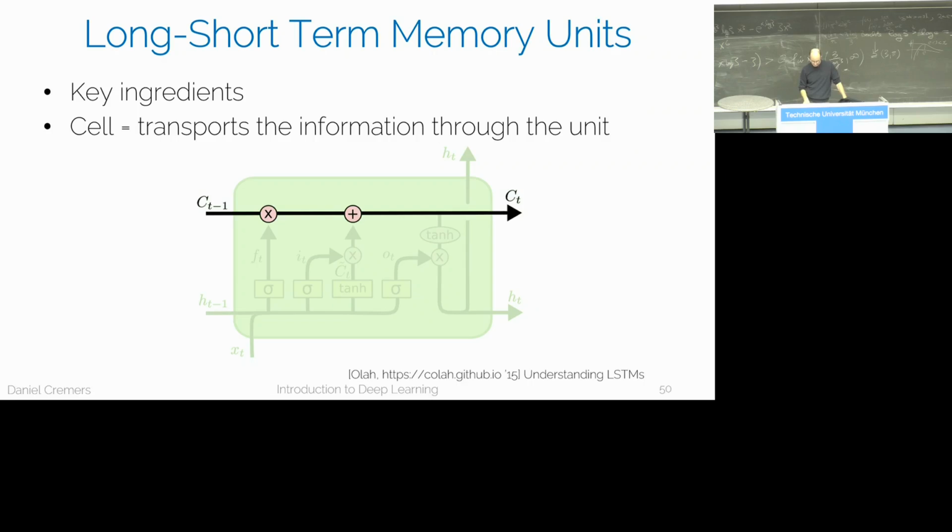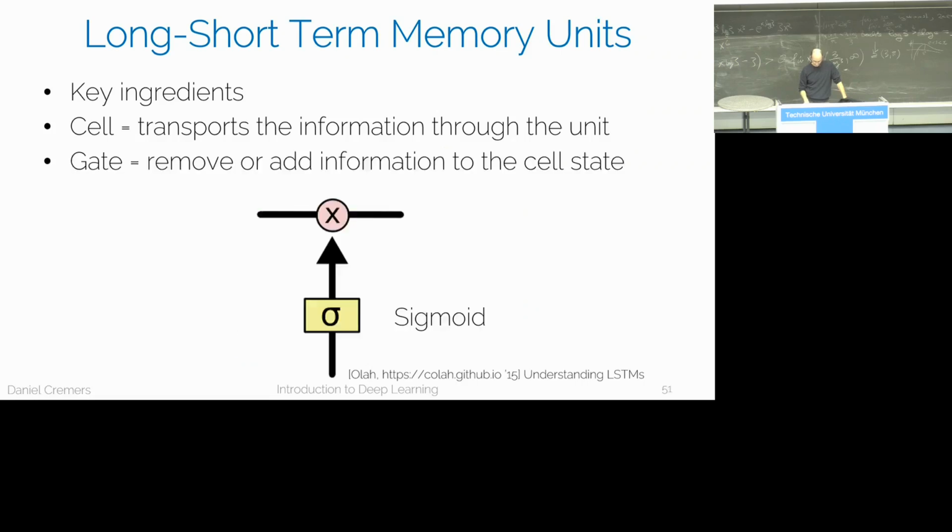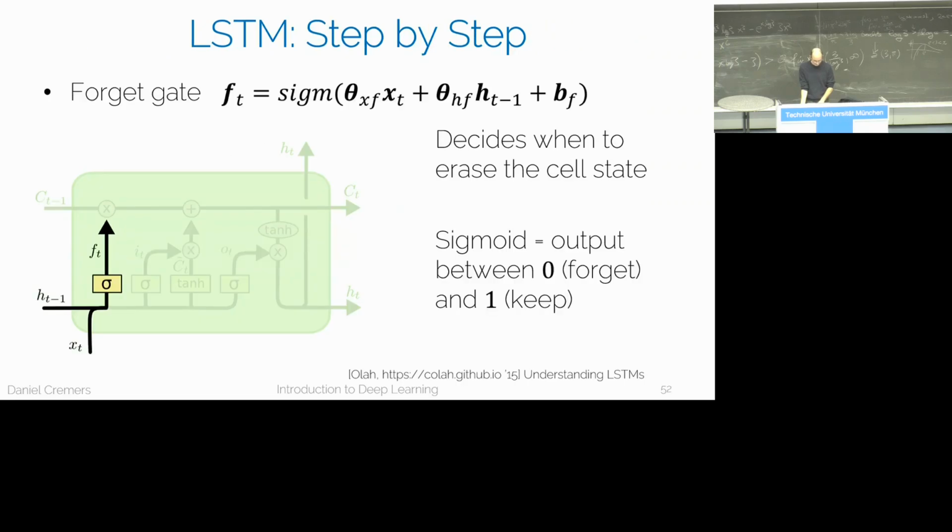These are positions where the information flow is modulated. And it's modulated in several ways. So these gates allow you to remove or add information to the cell state. You have the sigmoid. This was the standard nonlinearity, I guess, for many years.